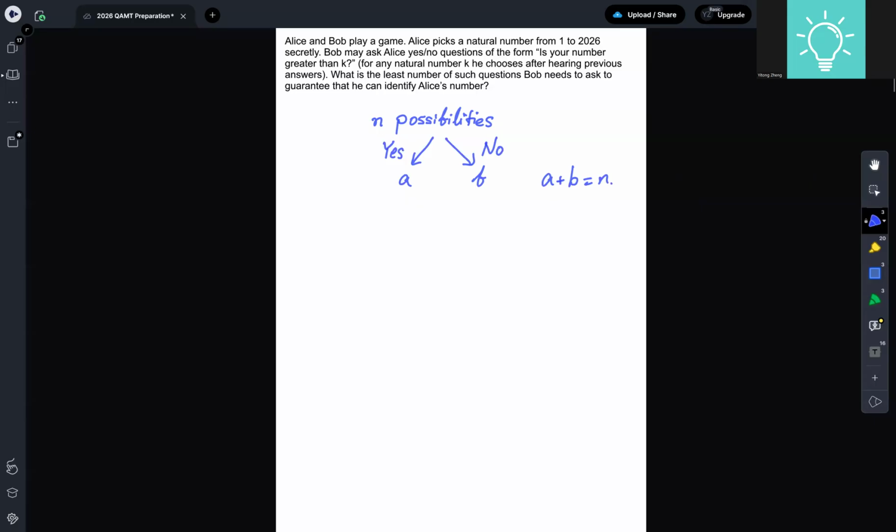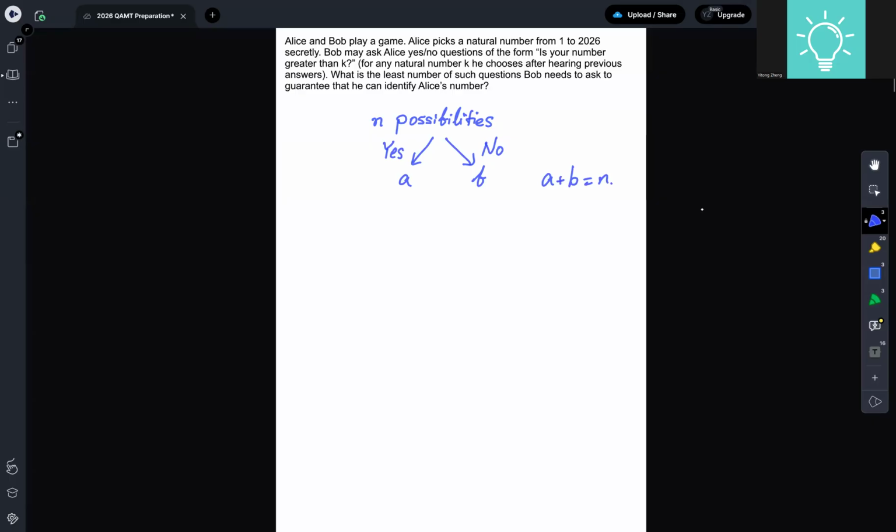So after asking the question, the number of possibilities for Alice's number reduces from n down to either A or B, depending on Alice's answer. So we want to know how many times Bob needs to ask a question to reduce the number of possibilities down to 1, in which case Bob can guarantee that he can identify Alice's number.